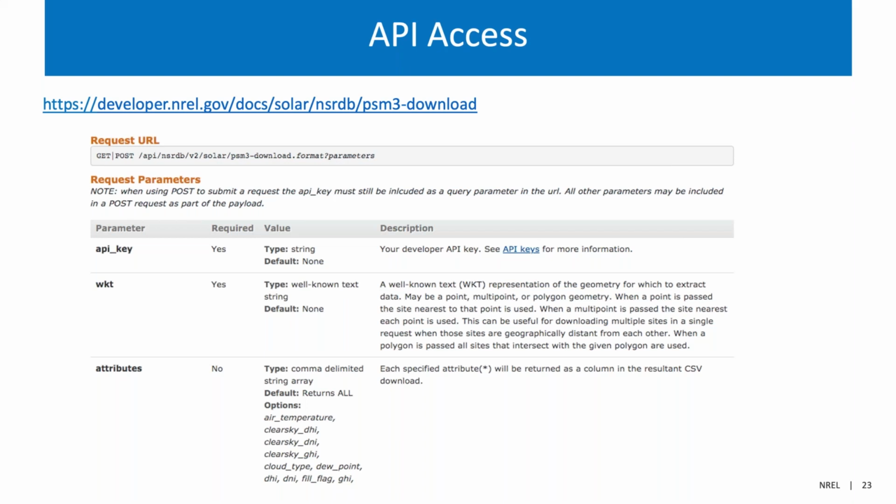A limitation of this API is that it only provides data in one-year-at-a-time chunks. So you have to request it for a specific year, say 2018, and you will get one year of data with each request. Also, I receive multiple requests every week from users asking if they can have more of the data. We have rate limits assigned to these APIs, and the rate limits are sometimes restrictive to users.